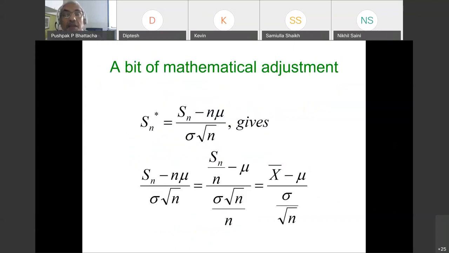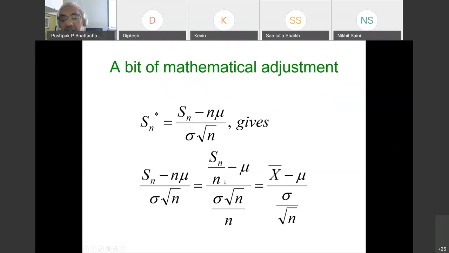So now we can look at the other statement of central limit theorem, which is also famous and frequently used. I take Sn star equal to Sn minus n mu divided by sigma root n. I do a bit of algebra. I divide numerator and denominator by n. Then I have Sn by n minus mu divided by sigma root n by n.